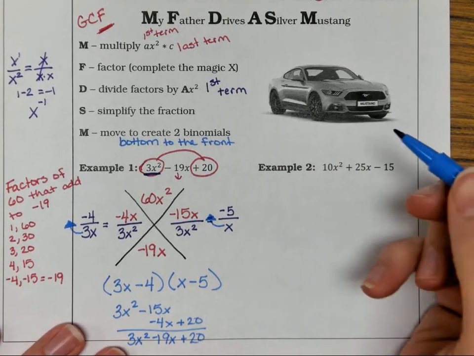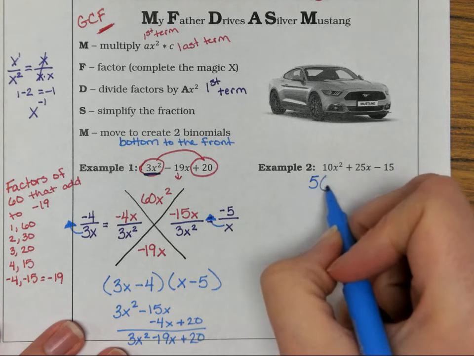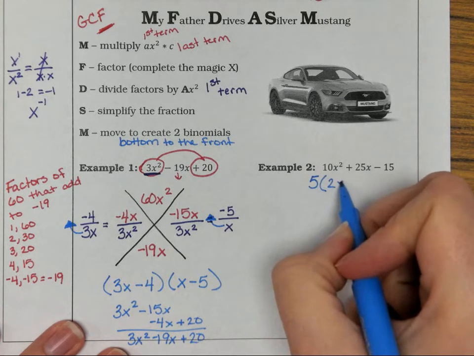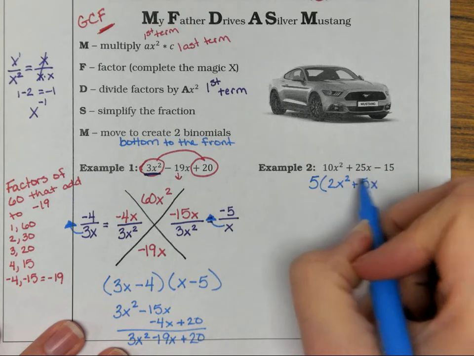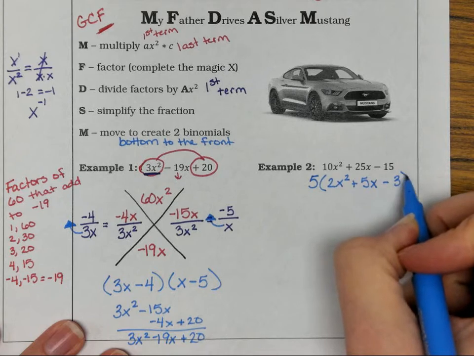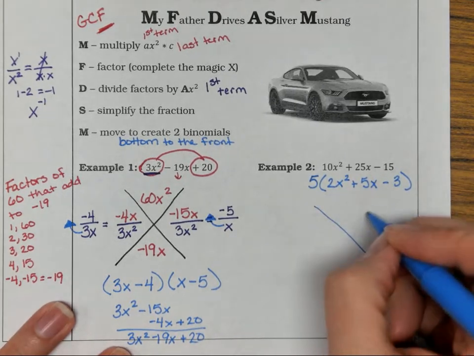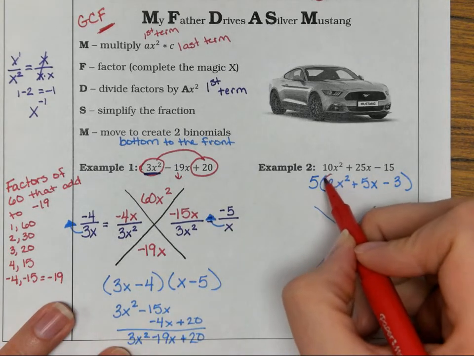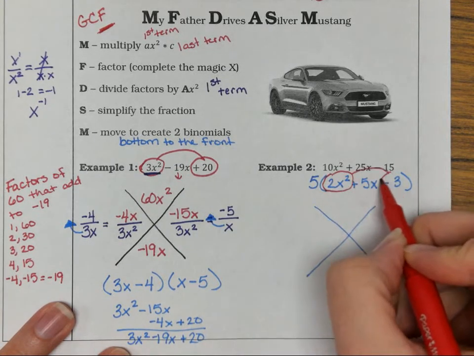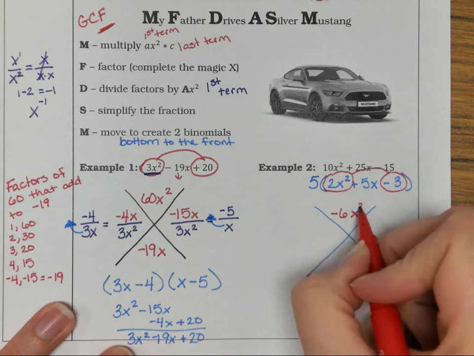Example 2. I have a greatest common factor here. I need to pull out a 5. So divide, I get 2x squared. Divide again, I get positive 5x. And divide again, I get negative 3. So now, when I make my magic X, I am using my new first term times last term, which means I have negative 6x squared.